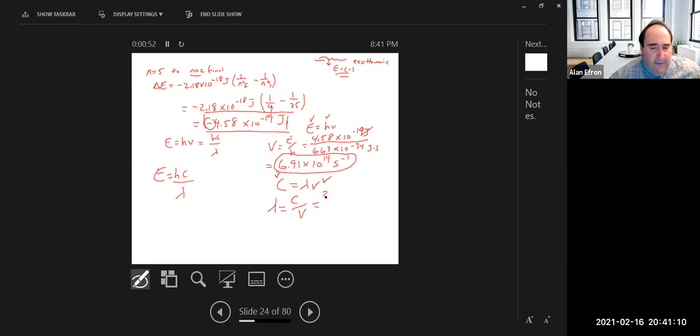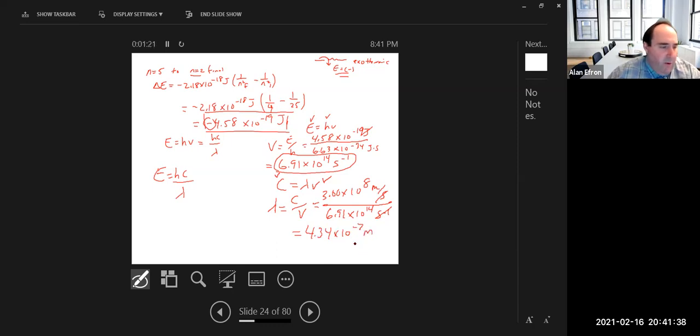That would give us 3 times 10 to the 8 meters per second divided by our frequency, which is 6.91 times 10 to the 14 that we just calculated. Reciprocal seconds and seconds will cancel. That is going to give us 4.34 times 10 to the minus 7 meters.